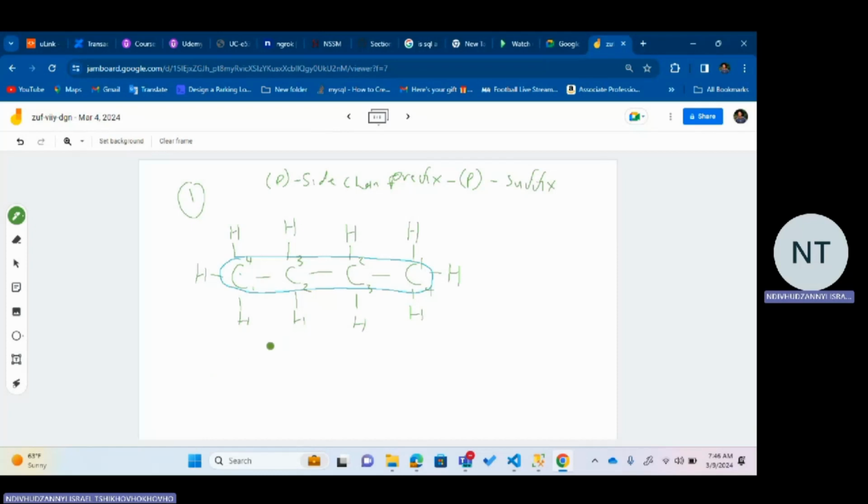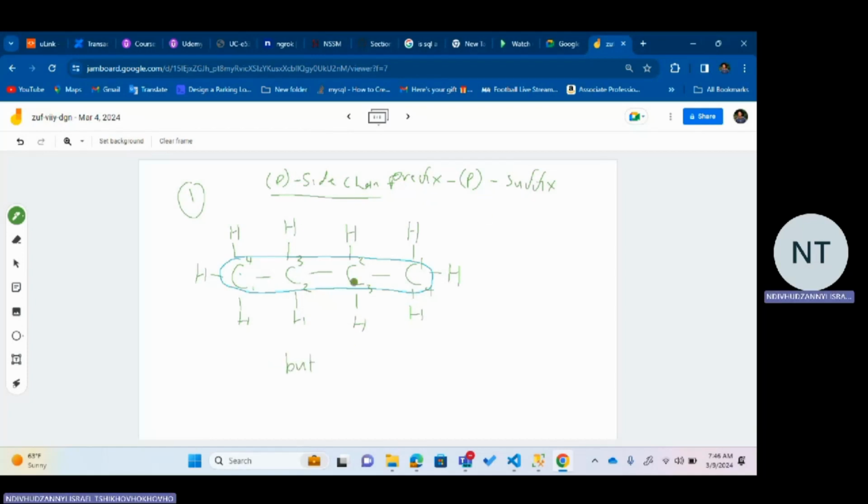Let's try and name. On the longest chain, do we have any other side chain which is not part of this longest chain? We can see there's nothing. We only have H atoms outside of this longest chain, so we'll forget about this part for now. Then the prefix: if we have 4 carbons, we know it's but-.